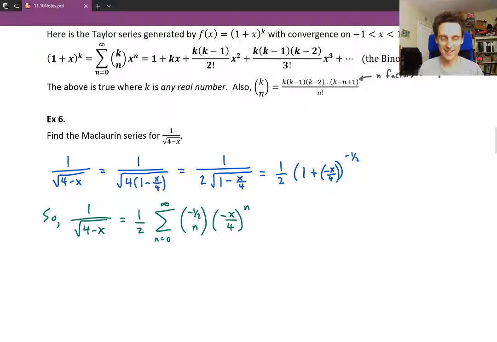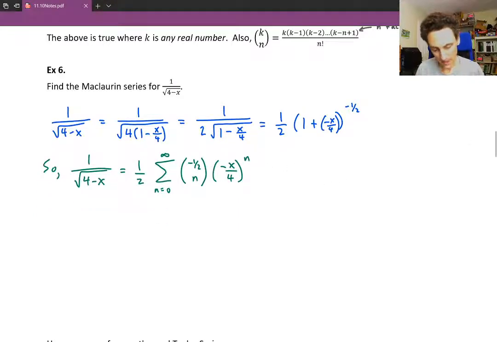N is n. Never was there a deeper statement than that. All right, so that's the summation notation version. We're going to write it out in expanded form, though. We're going to want to write a nice little expanded version of this. That'll be our goal here.